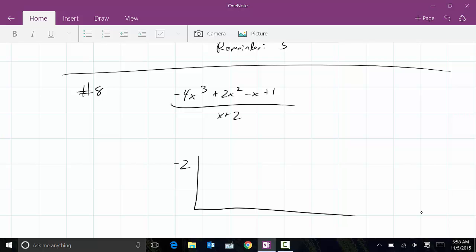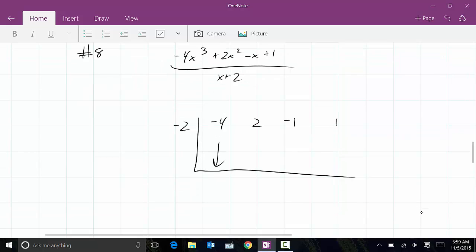It's got to be written in the form x minus c, and then you put that value here. Then we write the coefficients -4, 2, -1 and 1. If you look, there are no gaps, so there are no terms missing. It's cubic, quadratic, linear, and then constant. So we're in good shape.